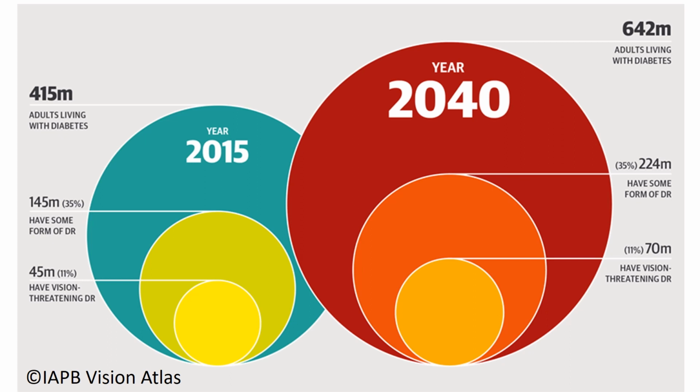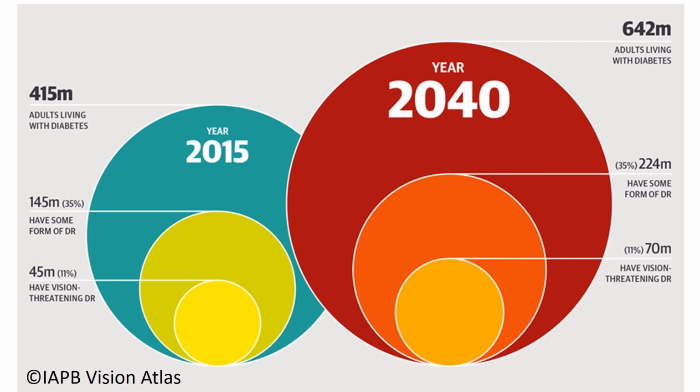This number is expected to rise to 642 million by the year 2040. A third of these people are expected to have some form of diabetic retinopathy. This was 145 million in 2015 and is expected to be 224 million by the year 2040.